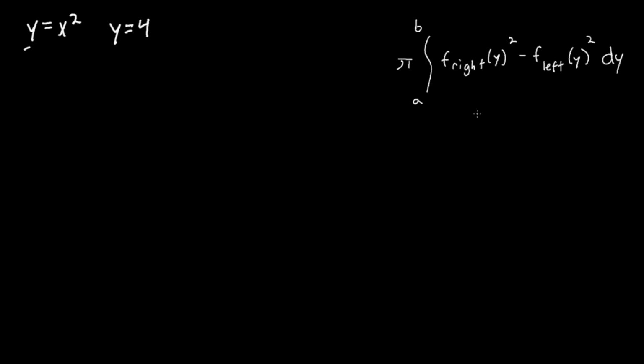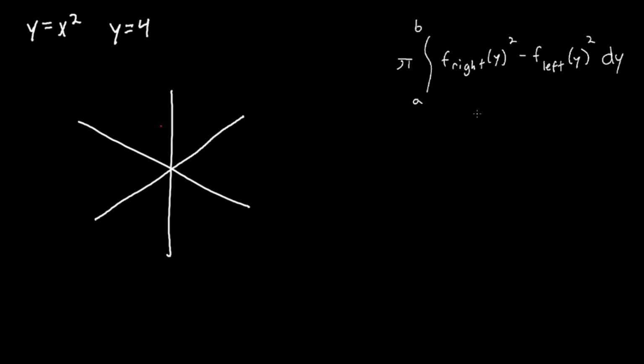Let's find the volume by revolution of the region bounded by these two functions. If I draw a kind of 3D map of what's going on, let's call this your parabola. This is y equals x squared. This is your x and y axis, and this is your z axis. Your function y equals 4 is just a straight line at y equals 4.